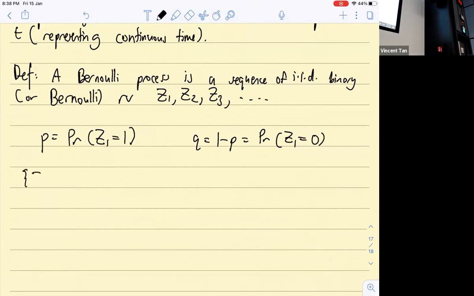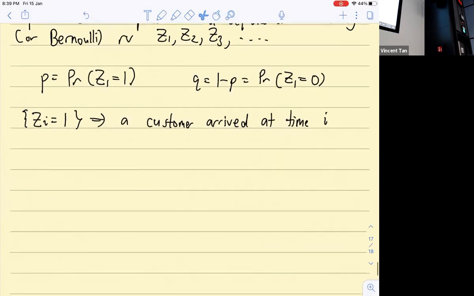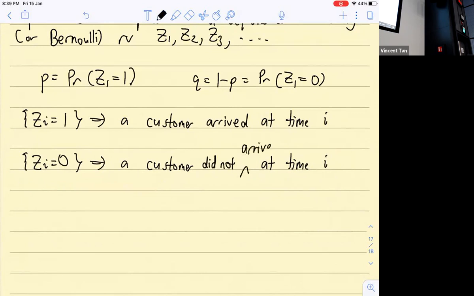So the event Z_i equals 1 means that a customer arrived at your store, maybe your hawker store, at time i. I'm going to use this interpretation to talk about this stochastic process. And if Z_i is equal to 0, then a customer did not arrive and you are sad because there's no customer at time i. This is the interpretation.